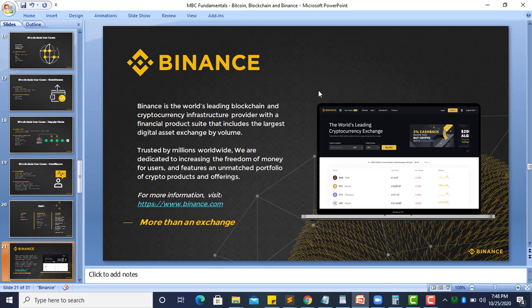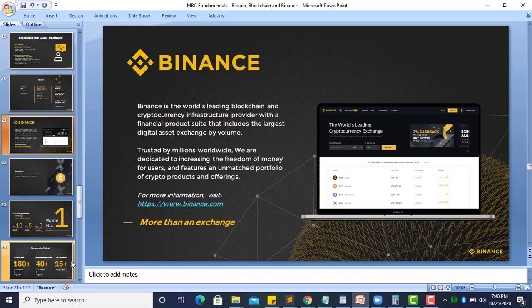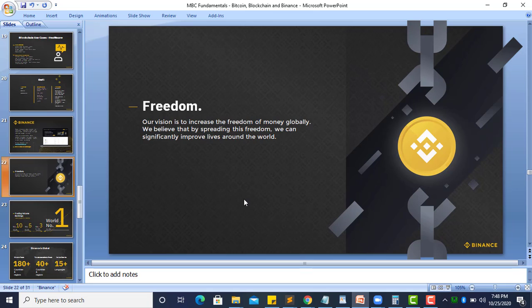So that is what Binance is. Binance is the world leading blockchain when it comes to cryptocurrency, and that is why they are funding this project for us to be able to teach people how to make use of blockchain technology.